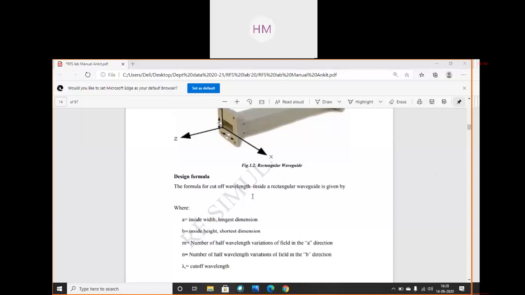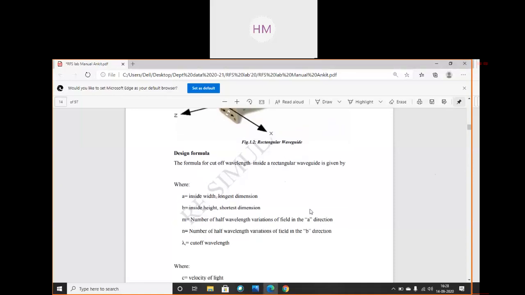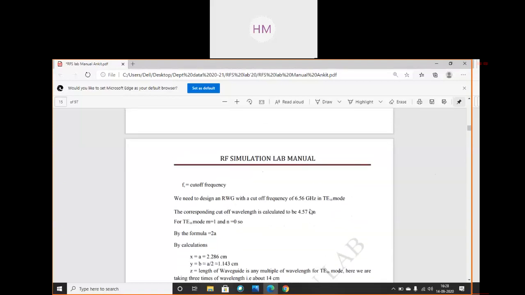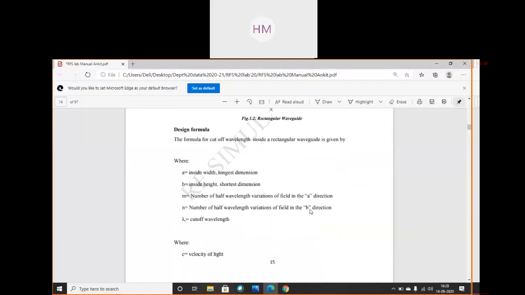The formula for cutoff wavelength inside a rectangular waveguide is given by, see, you can write the design formula. I will tell you lambda c, that is the cutoff wavelength.